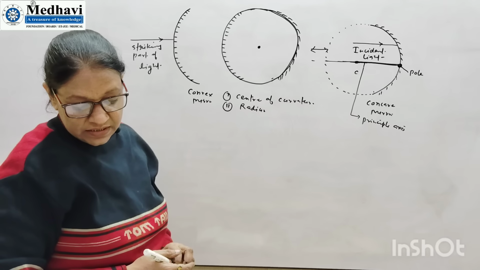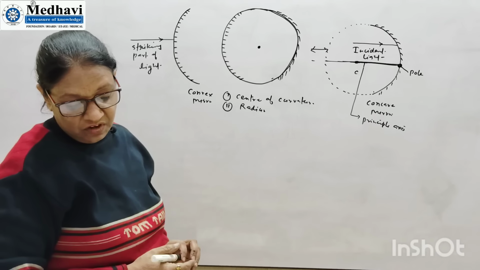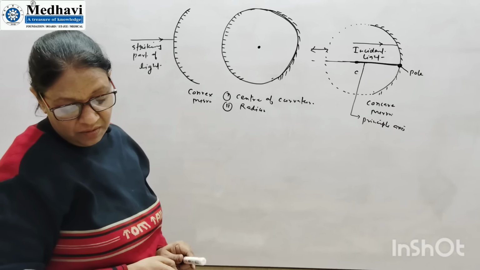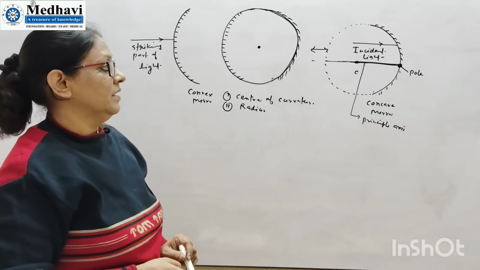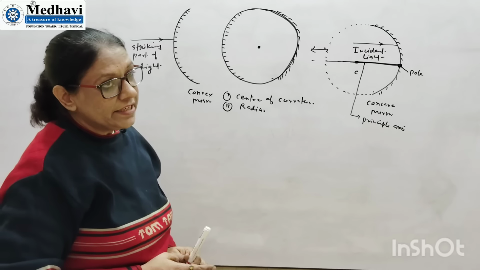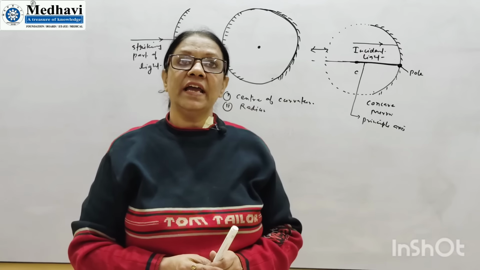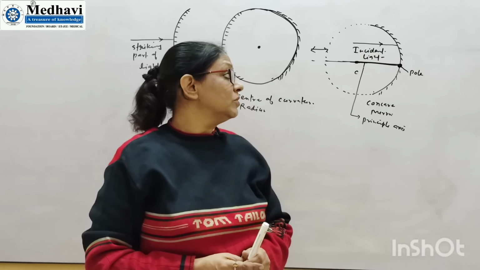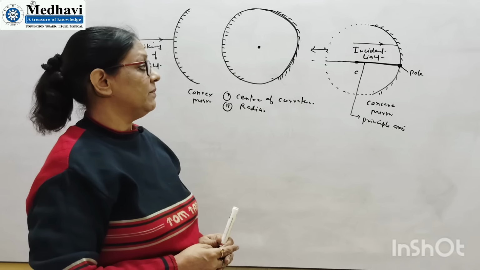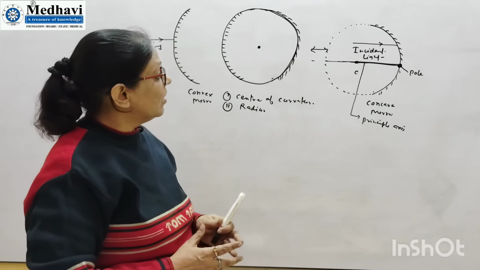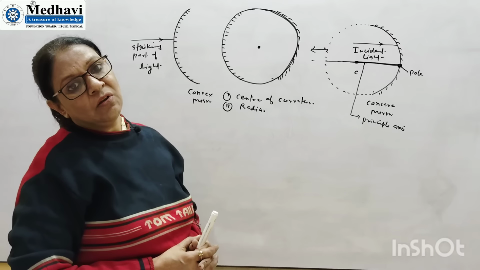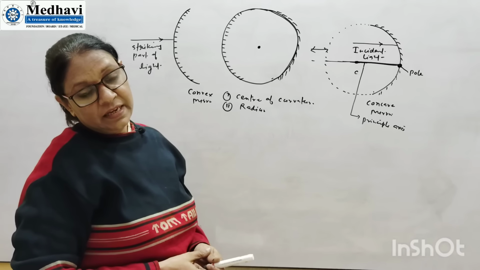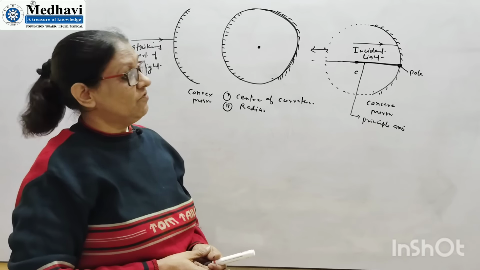Next, a very important piece of information: reflection of a light ray from a spherical mirror. We have studied reflection of light from a smooth, plane surface. How does the process of reflection of light take place from a curved surface? It will follow the same rule as the plane mirror, that is, incident ray and reflected ray.